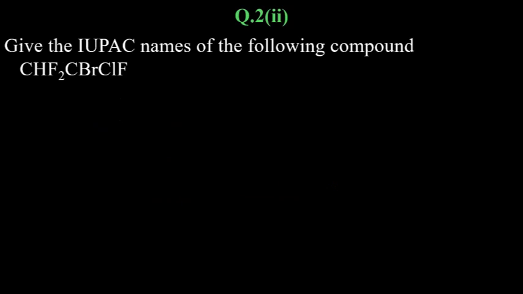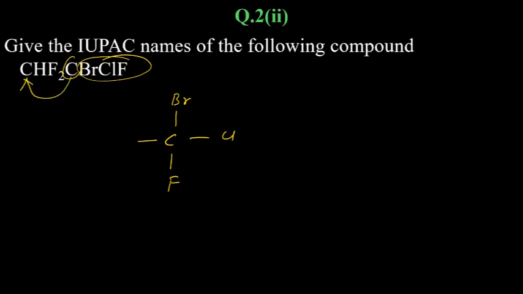Next one, CHF2. This carbon first is just the carbon. It means it has four branches, none of which is hydrogen. So it has bromine, chlorine, and fluorine attached to it.